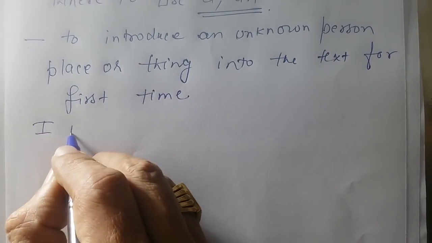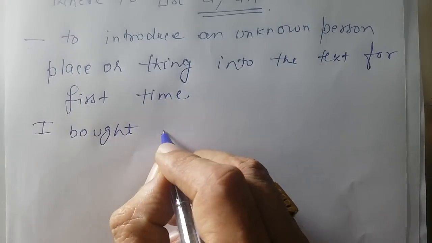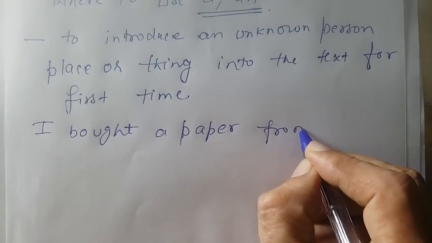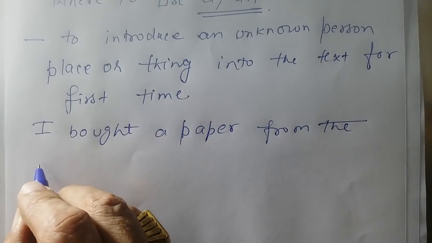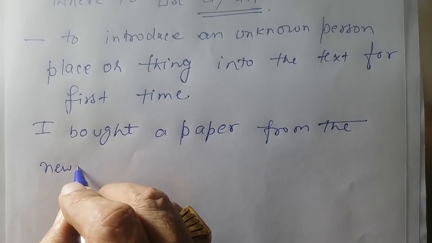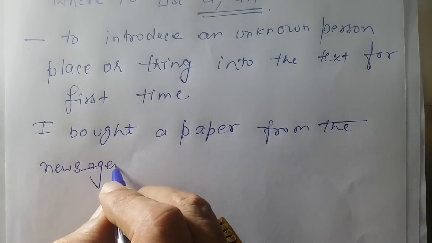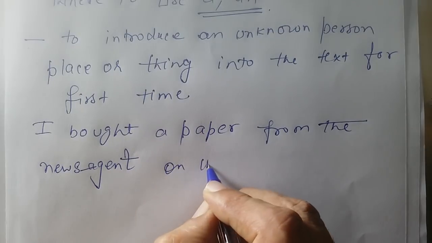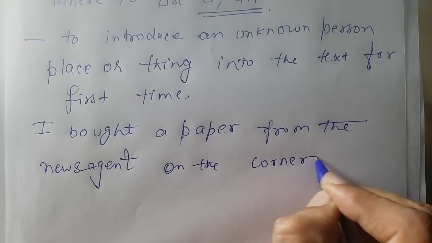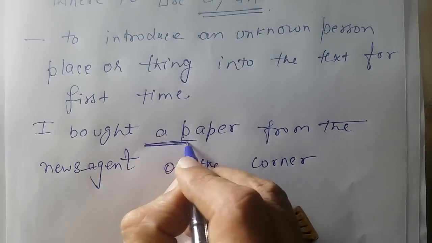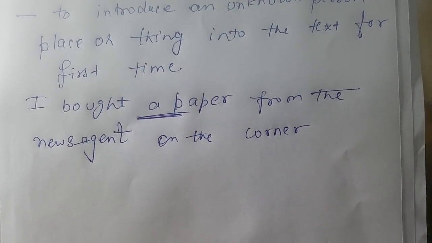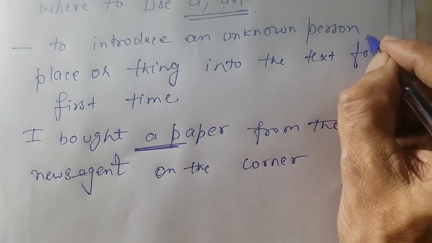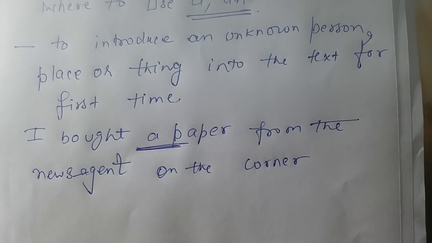I bought a paper from the news agent on the corner. New thing, introduction of a new thing. To introduce an unknown person, place or thing into the text for the first time.